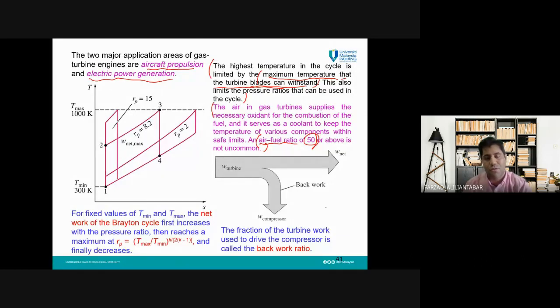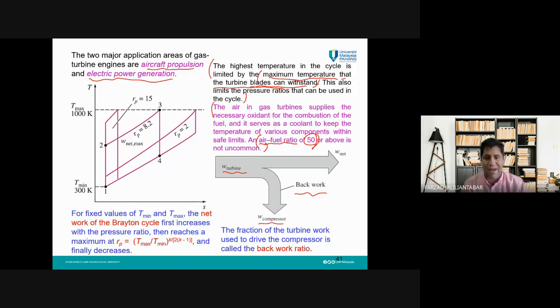And also you need to know about back work. If you notice, we have work output from this engine from the turbine, W turbine. But not all of this work which comes from the turbine is going to be used, for example, for electricity generation. A portion or a fraction of that needs to go back to the compressor.